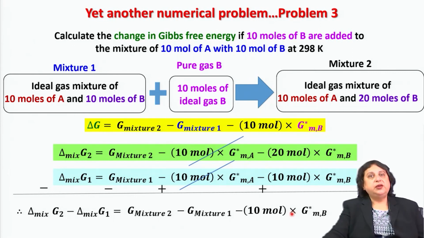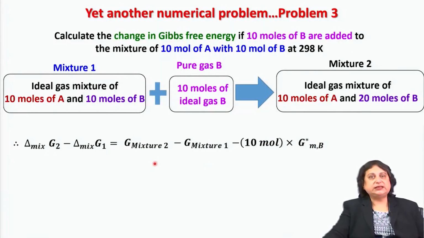Okay. So, if I go ahead and use this, I understand that there are some quantities that I know here. So, what is it that I know? This entire expression that I see here is equal to delta G. So, can I find out delta G by knowing these two free energies of mixing?